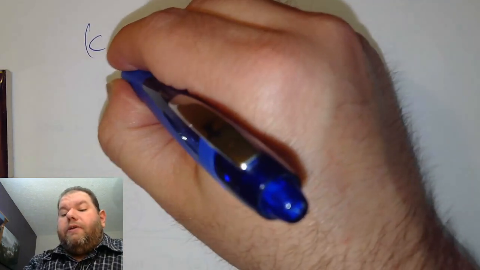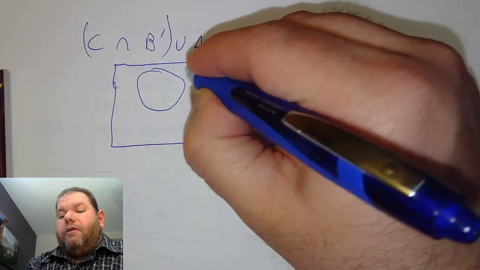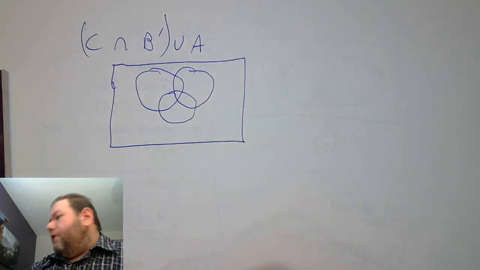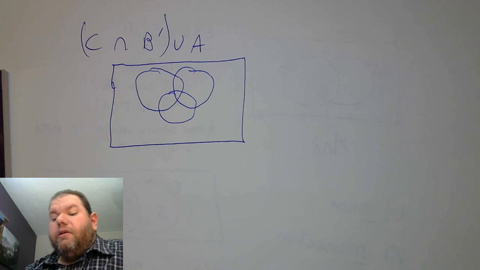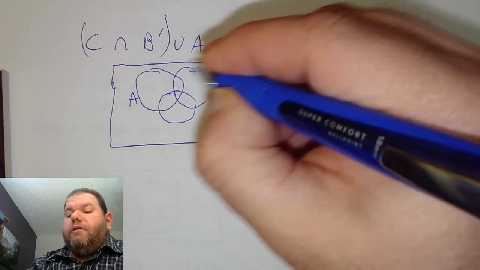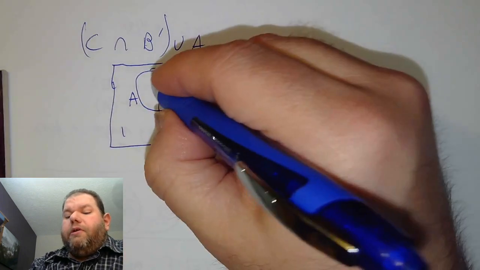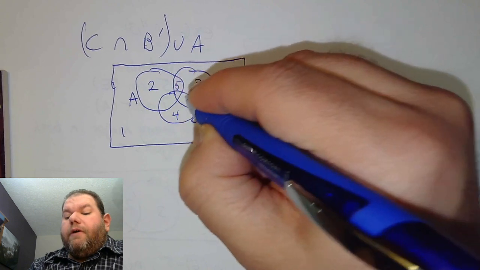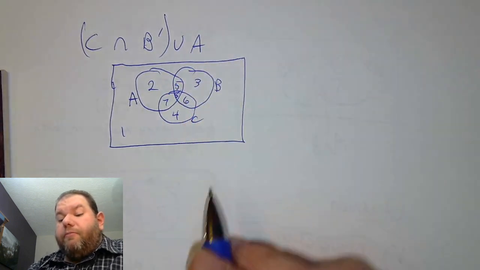So we go back and we look at our three circles, A, B, and C. Call it area 1, 2, 3, 4, 5, 6, 7, and then 8 would be the very middle.